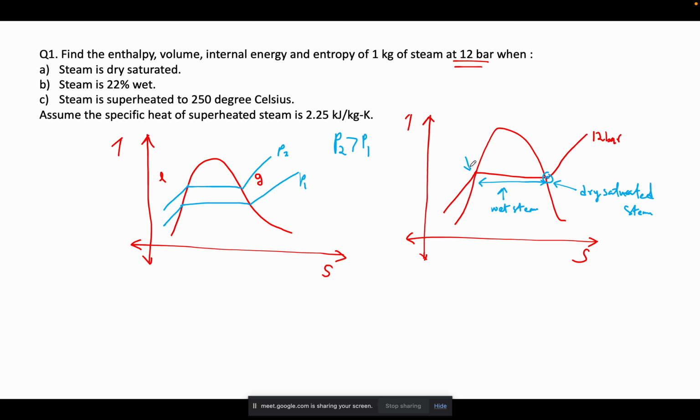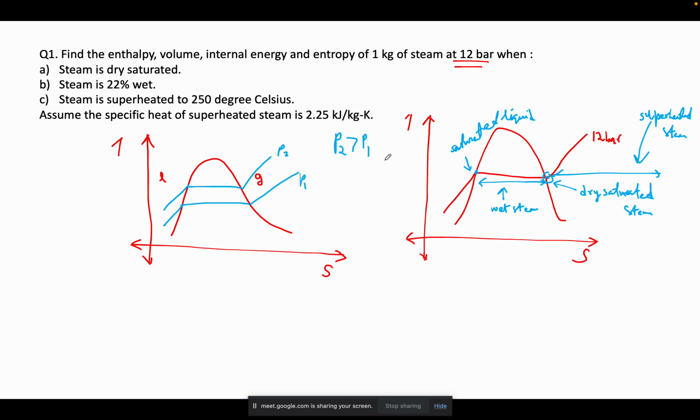This point is called the saturated liquid state, and whatever points are there beyond this part, that part is called your superheated steam.